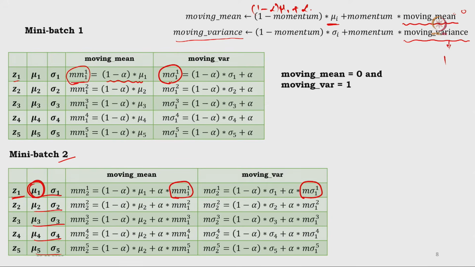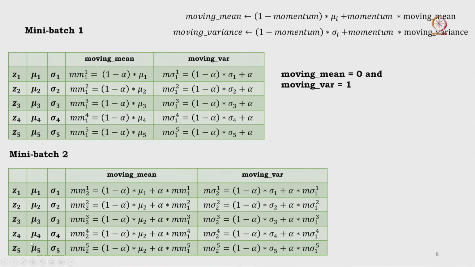Can you see? We are using the first mini batch's associated values. What do you mean by associated? You are calculating for Z1. For Z1, we are using the moving mean and moving variance of the first mini batch. Similarly, for the second neuron, which is Z2, you have got mu 2 and standard deviation.